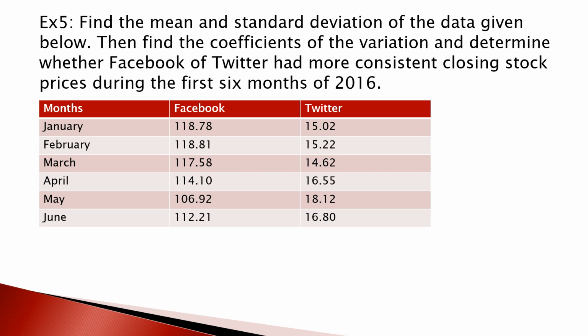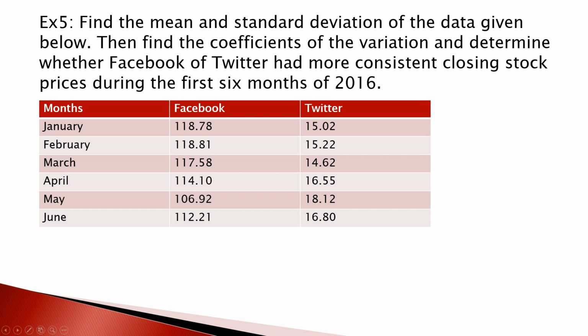Now, here's the last example for this section. We have two companies, Facebook and Twitter, and these are the closing stock prices for the first 6 months of 2016. Here are January, February, and so on, and these are the closing prices for Facebook and Twitter.